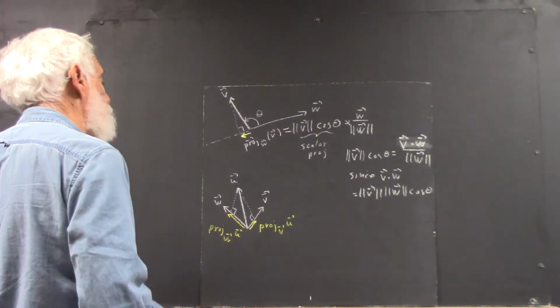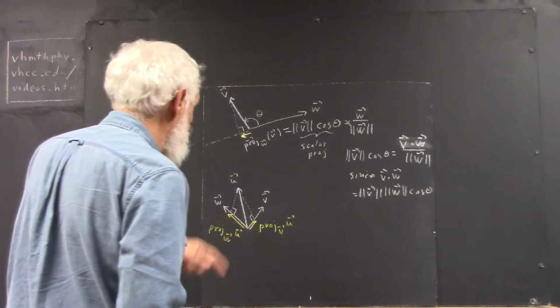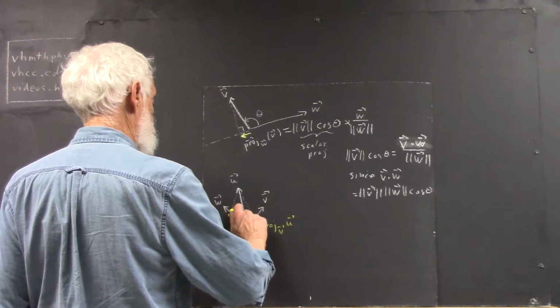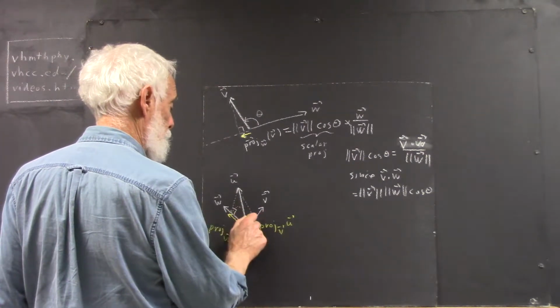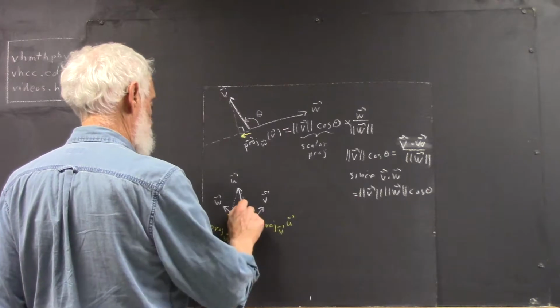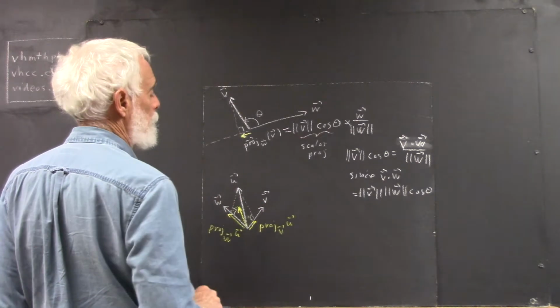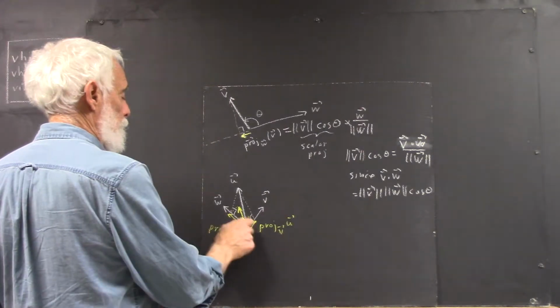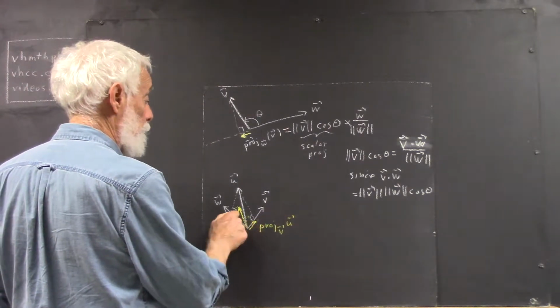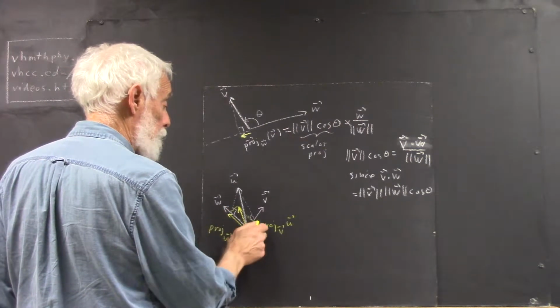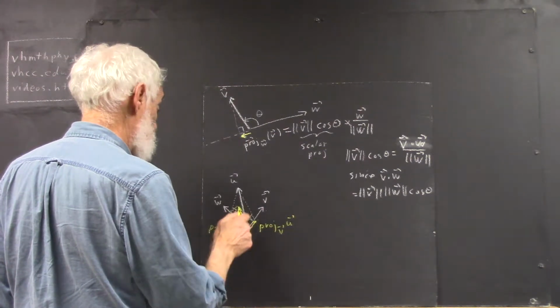So if I add these two projections, and I can do that, just do the rectangle, and here is the sum of the projections. This vector plus this vector is this vector down here in the plane of V and W, right?